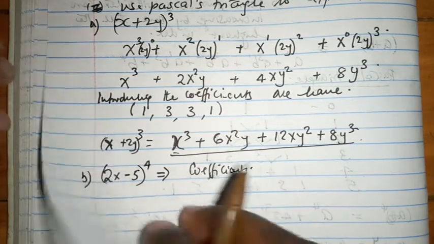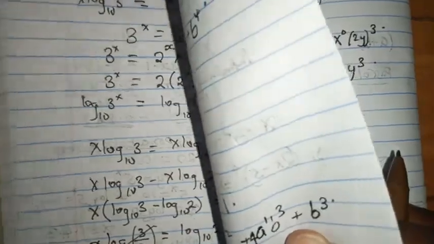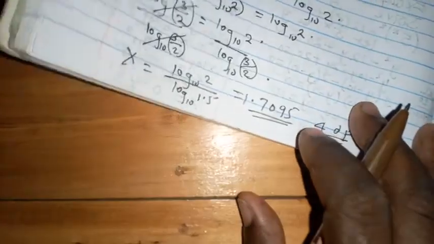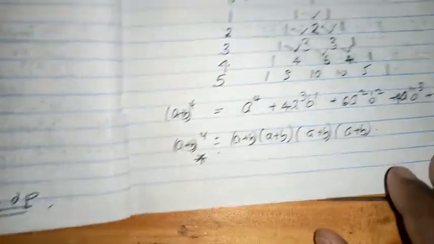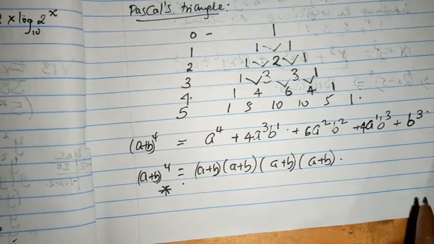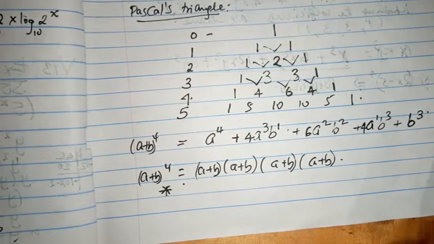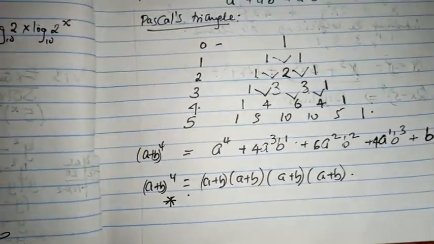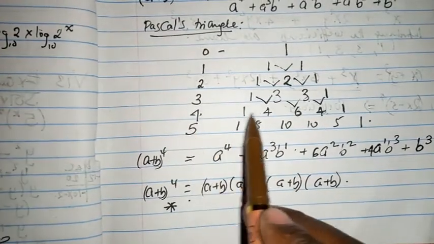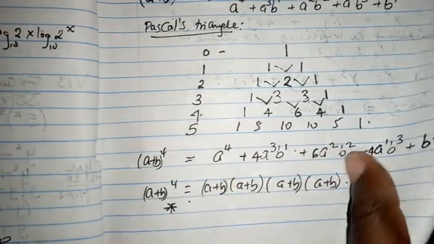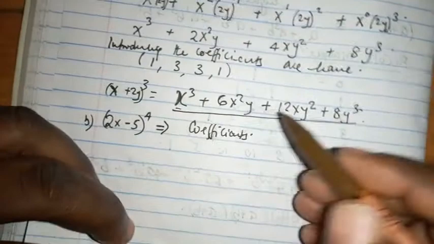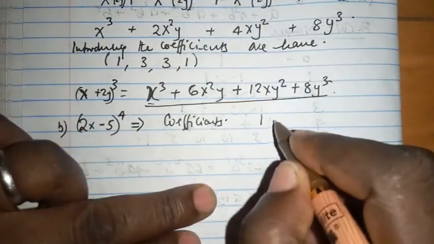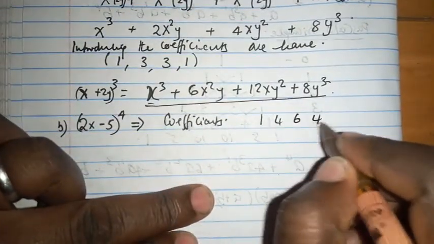You may want to borrow from the previous triangle instead of drawing another one. When the power is 4, the coefficients are 1, 4, 6, 4, 1.